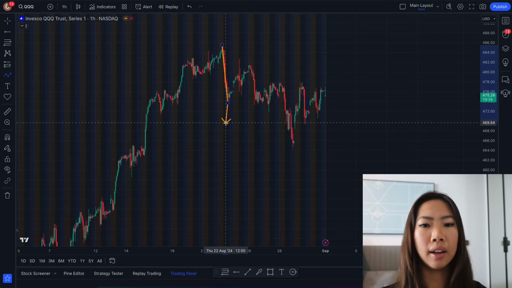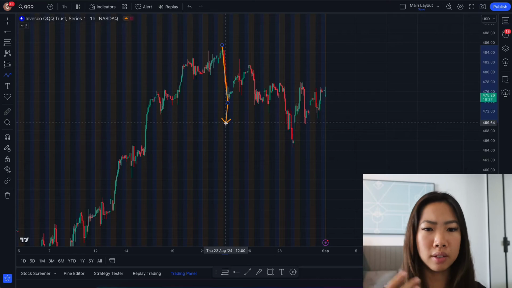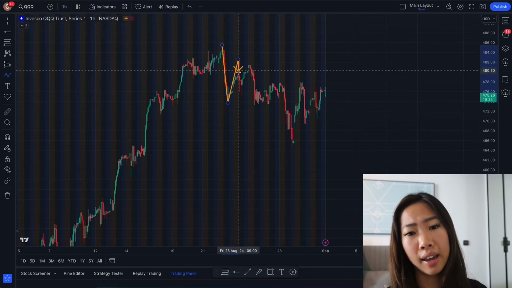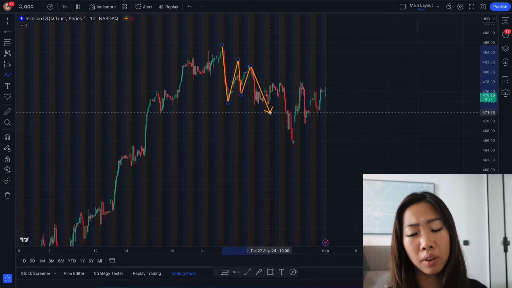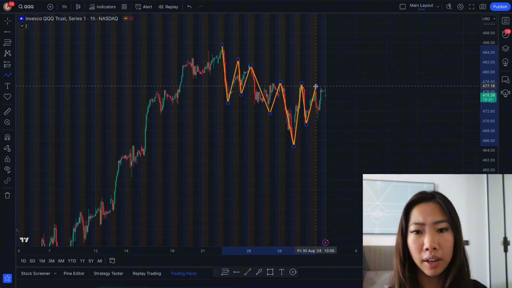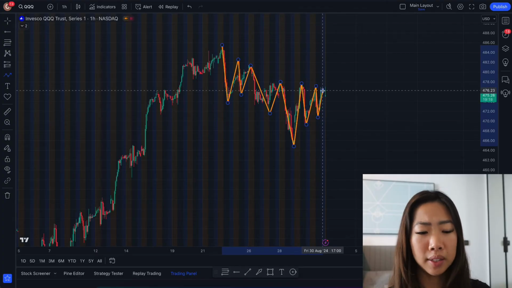I would just look at the overall movement. For this type of movement, I would say that's a high. This could be a low right there. I'm just moving my mouse back and forth. I would consider that a dip here, here, here, down, there. And then at this point, it just looks sideways.